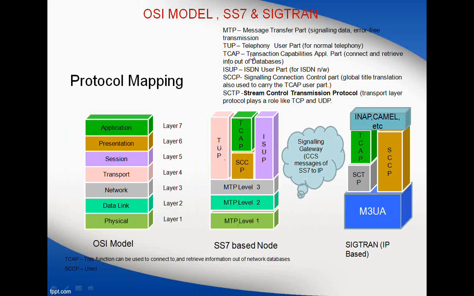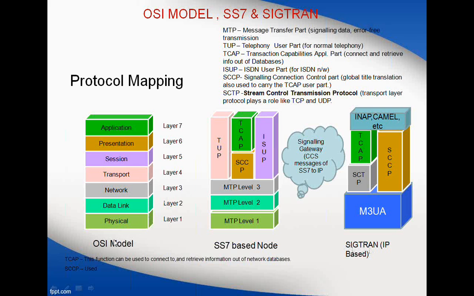Then you have your TUP, the telephony user part, which is for normal telephony. And you have your TCAP. TCAP is the transaction capabilities application part that is going to connect and retrieve information out of databases. Obviously you will be having several layers along with these when you go further to SIGTRAN.